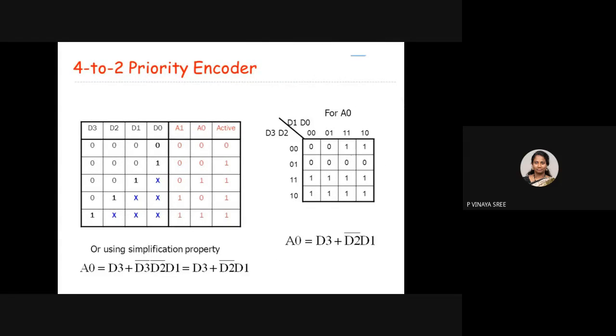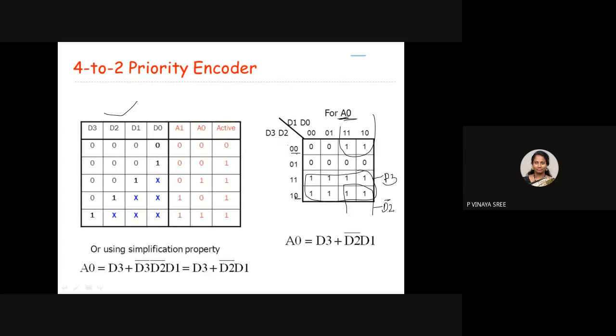See here, this is a truth table, and this is your K map for A0. So what we have done: we grouped this 8 as one group and got D3, and we grouped this one and this one and got D2 complement D1, since 0 is common here.